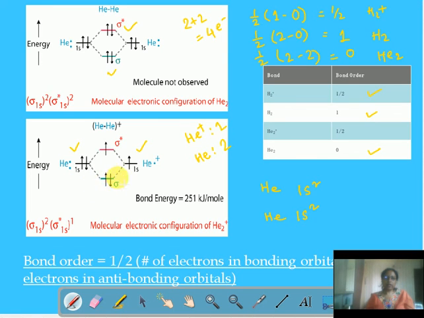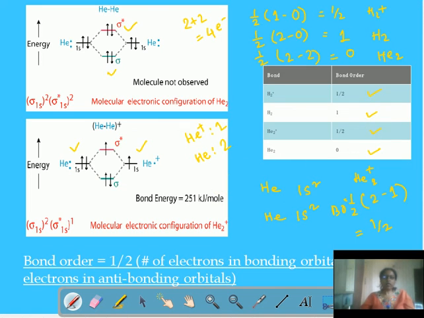You will see there are 2 electrons in the bonding orbital and 1 electron in the antibonding orbital. Now calculate the bond order for the He2 plus molecule: half into the number of electrons in the bonding orbital, 2, minus the number of electrons in the antibonding orbital, 1. That means the bond order becomes half.